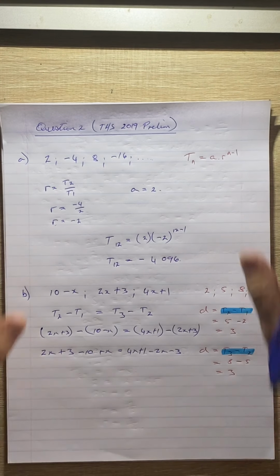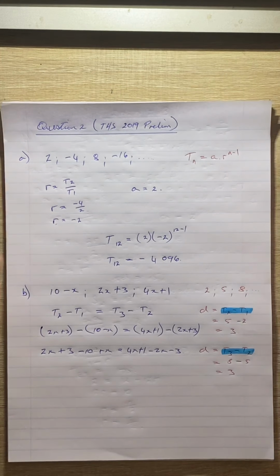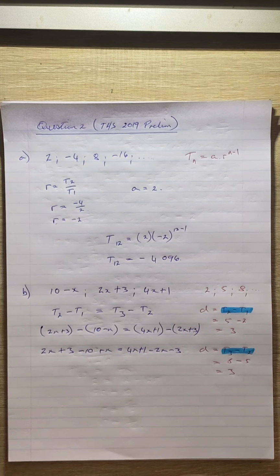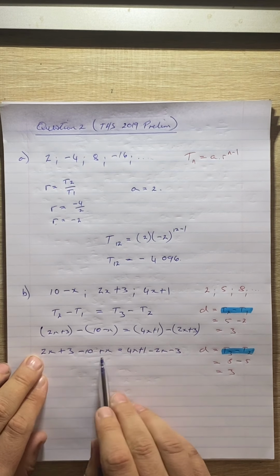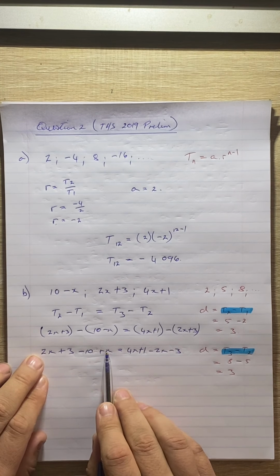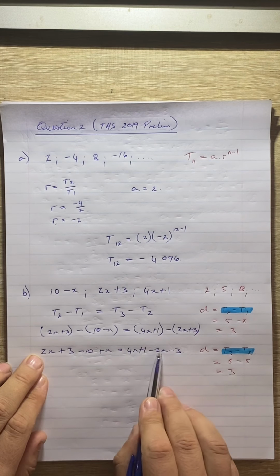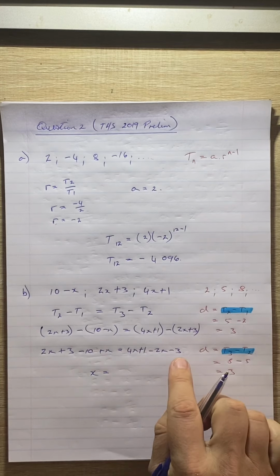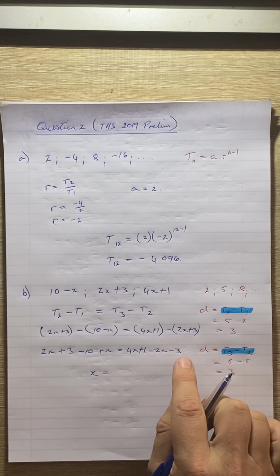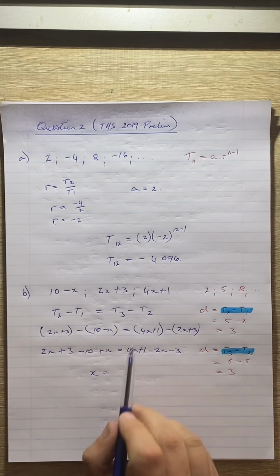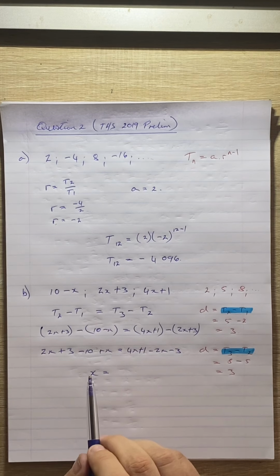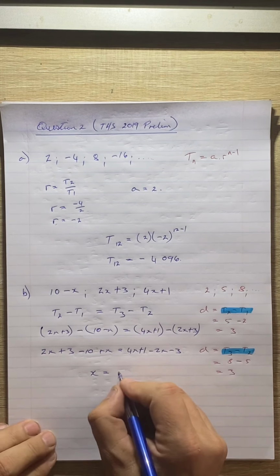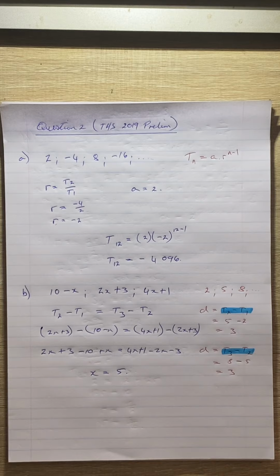Now we've got a nice linear equation where I can take x's to one side, numbers to the other side. So here we get 2x plus x is 3x, minus 4x is minus x, plus x is just x, equals 1 minus 3, minus 3, plus 10, and we get 5. So that was the first part of the question, calculate the value of x.